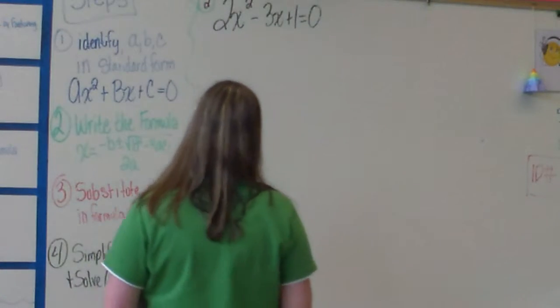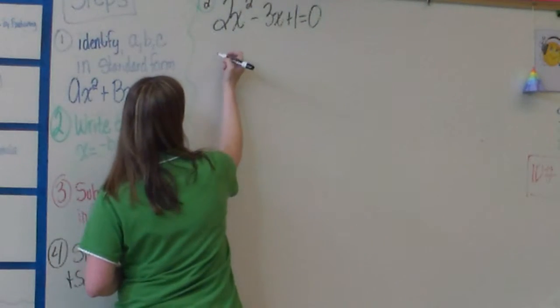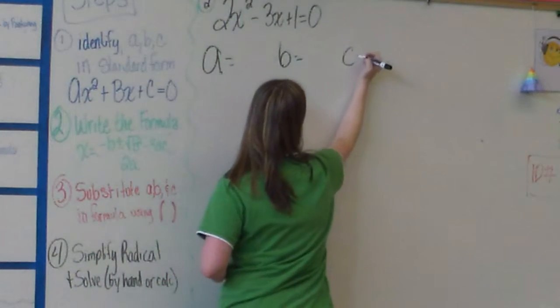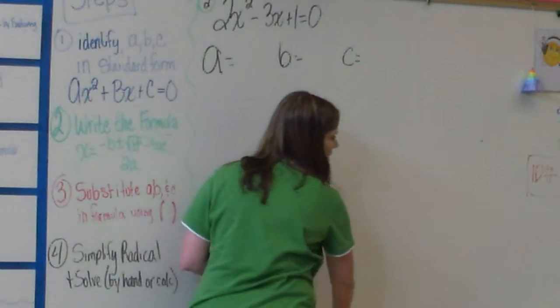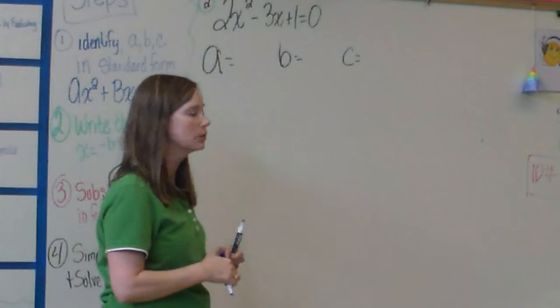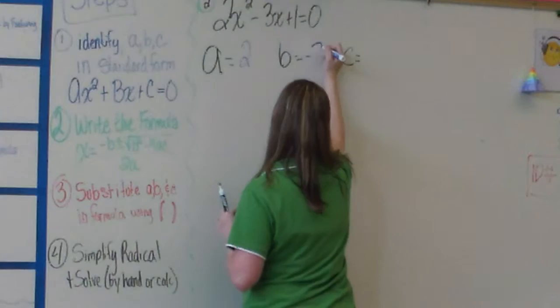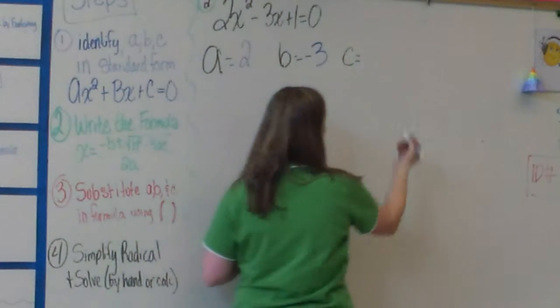So you can see that there. First step, we identify A, B, and C. What is A? 2. What is B? Negative 3. And C is 1.